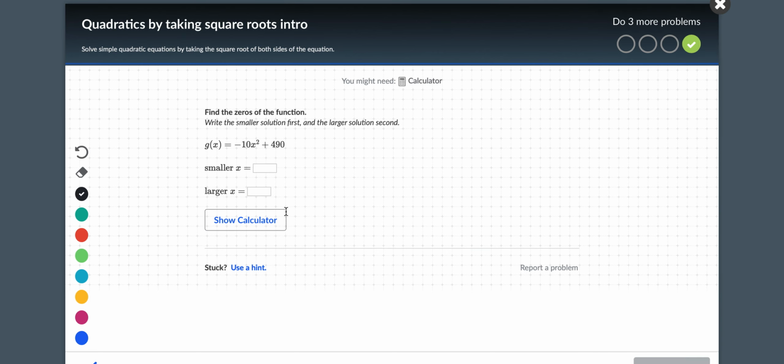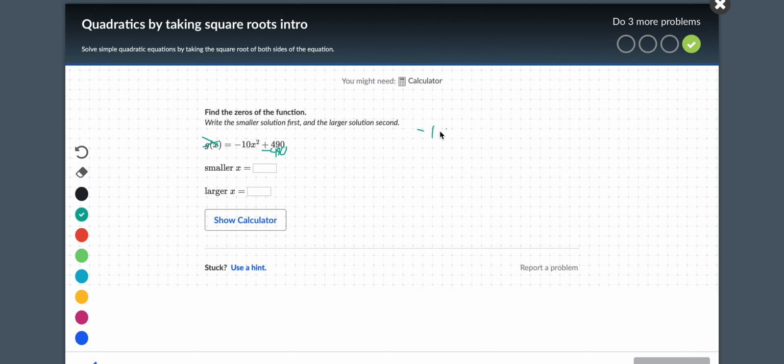Moving on, this one gets a little more complicated. You can kind of ignore this because this is just something if you're plugging something into the function, so we're just going to ignore that. We need to subtract 490 from both sides because we can't do it with that in the way.